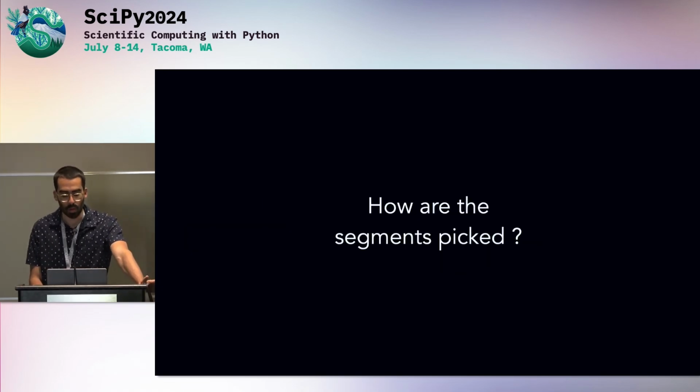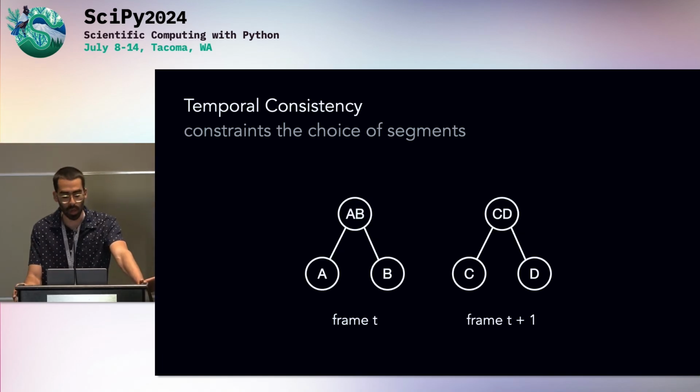So what we do, we develop new methodology to help pick the segments in a non-horizontal cut, using the temporal information. So let's assume we have very simple hierarchical segmentations for each frame.